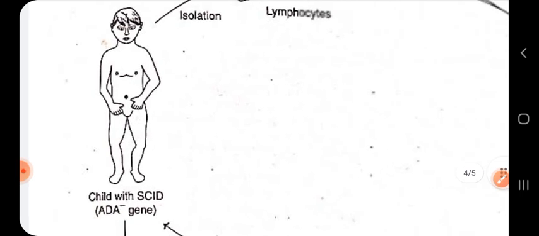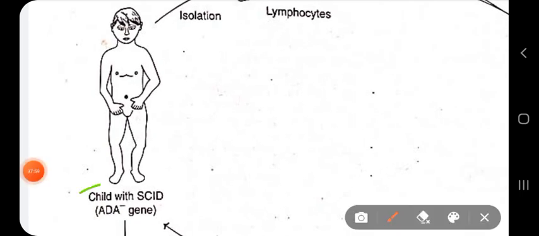So this is the patient suffering from SCID. That means the ADA gene is disrupted. That's why the patient is not able to produce T lymphocytes, and their immune system is totally blocked.